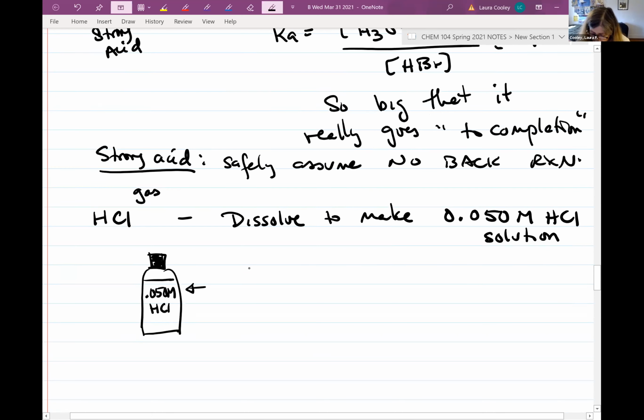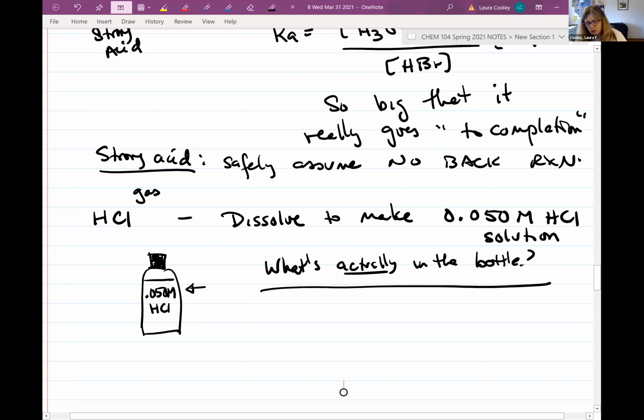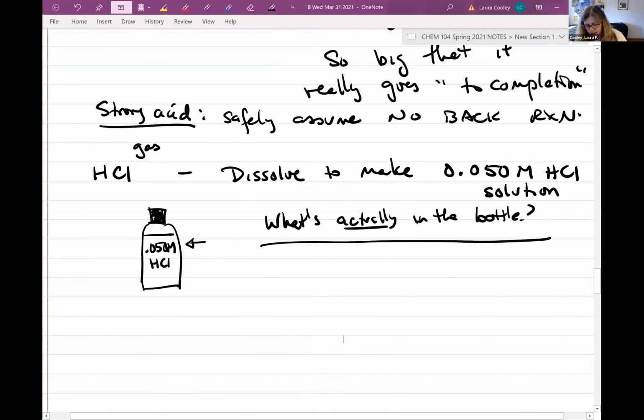So I'm asking now, if that's what's on the label, what's actually in the bottle? Sometimes I jokingly say, what's in the soup? Are there HCl molecules in the bottle? There are actually none. HCl reacts with water to give Cl minus and H3O plus.